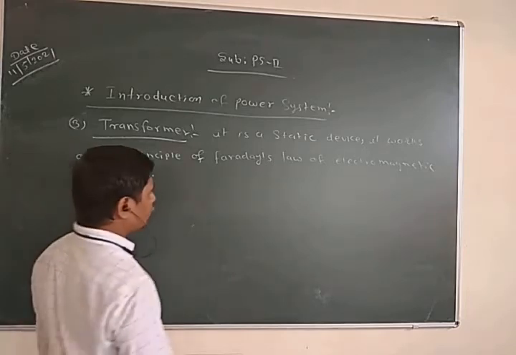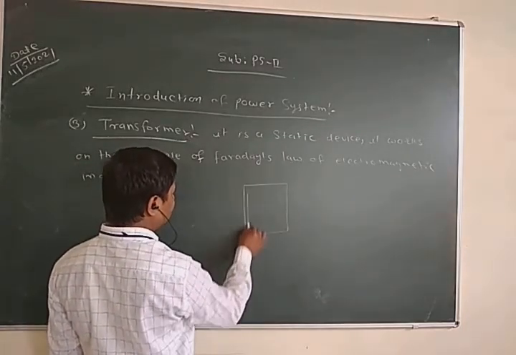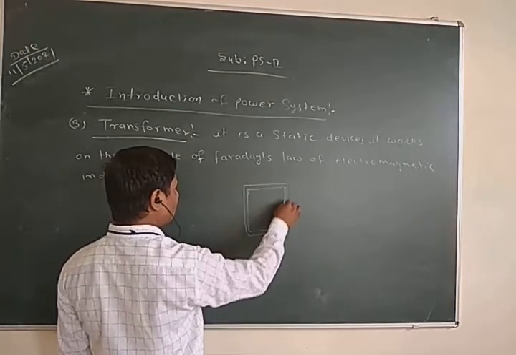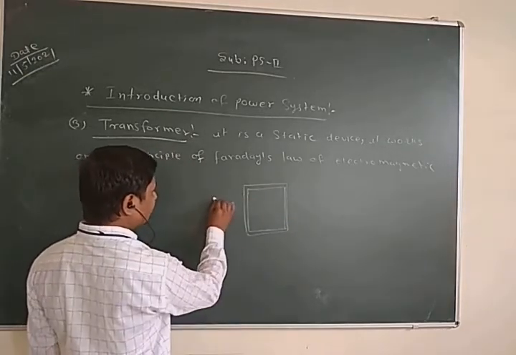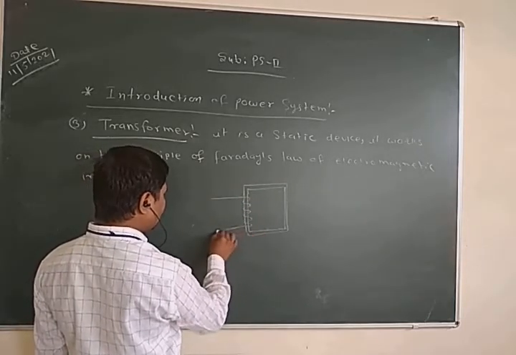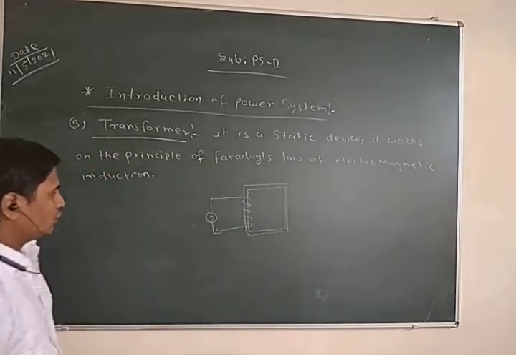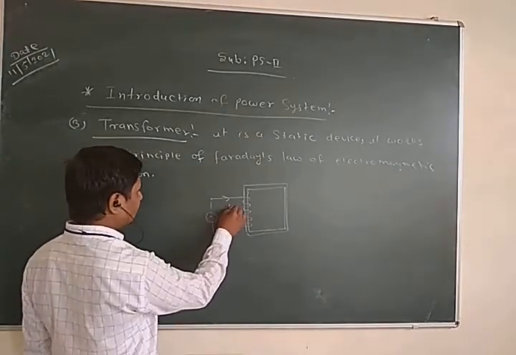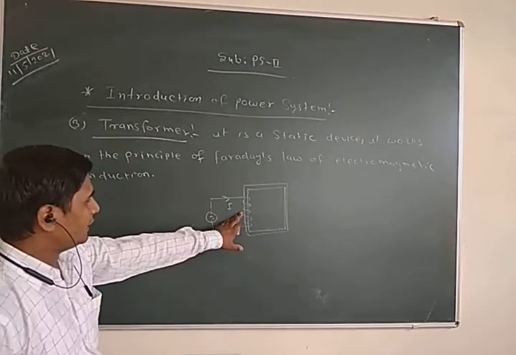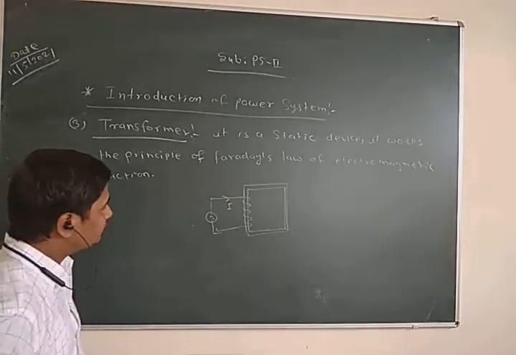So what is Faraday law of electromagnetic induction? Faraday law states that if we supply a coil with AC supply, due to current flow in the coil, a time varying field is induced in the core of the transformer.